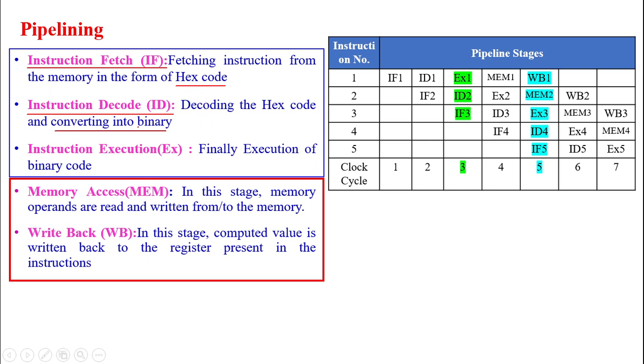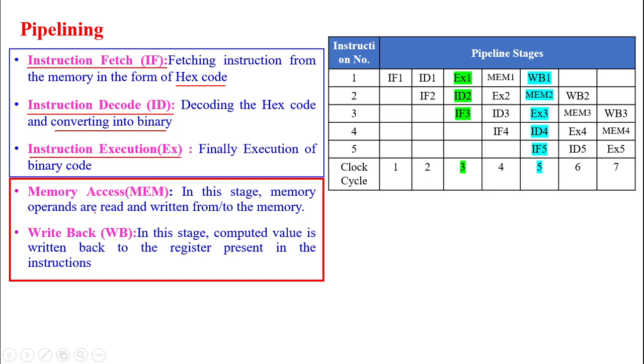That process is called instruction decode. And the last one is the execution phase. Execution phase is nothing but the final execution. After understanding its meaning, the processor will execute the binary code. That's called the execution phase. So these 3 are mandatory tasks of a pipelining, at least 3-stage pipelining.